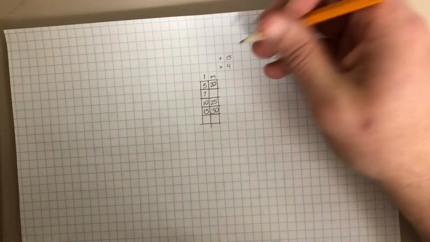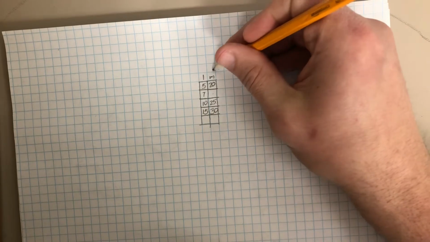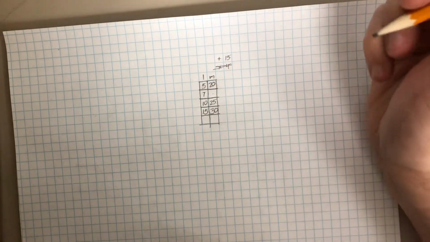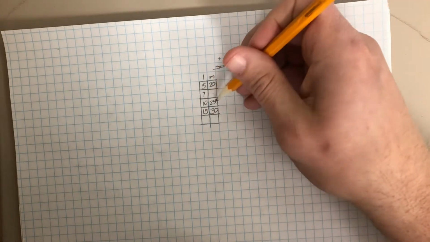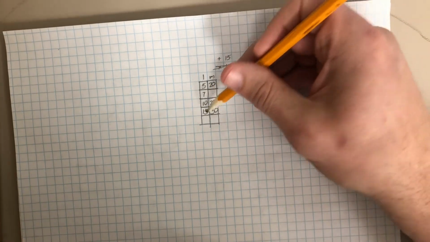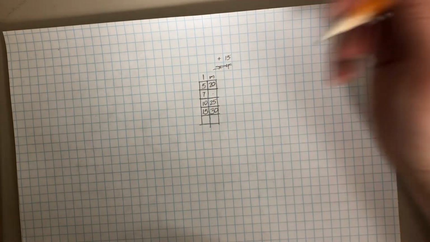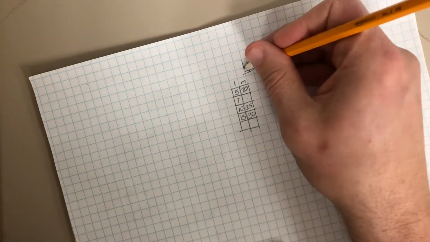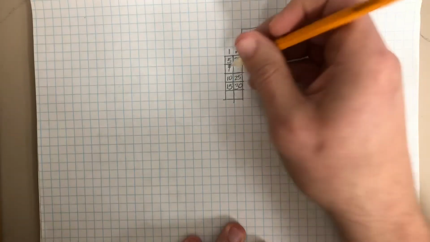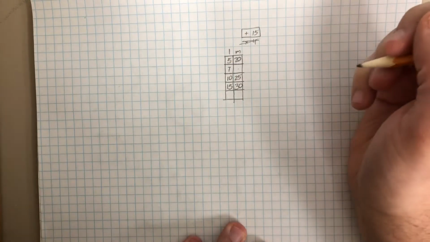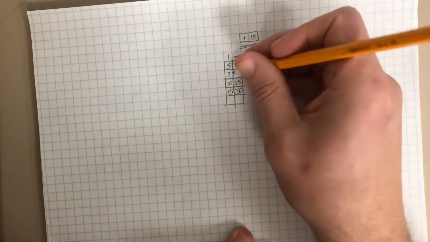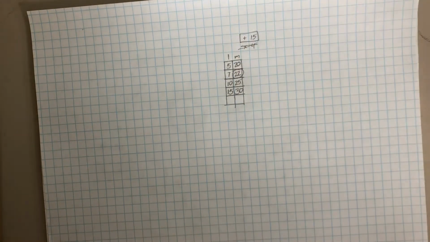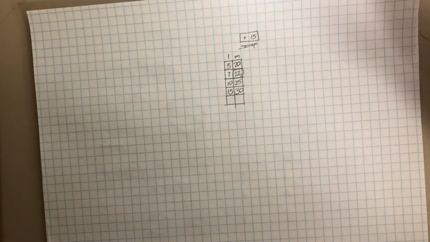No, so it can't be this answer. 10 plus 15, will that work? Sure enough, 10 plus 15 is 25. 15 plus 15 is 30. Yes, indeed. So the rule for this function is plus 15. So 7 plus 15 is 22. The answer is 22.